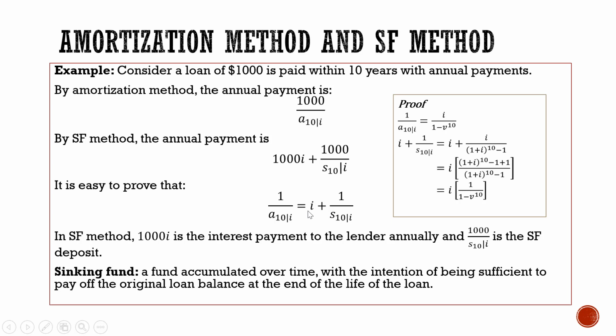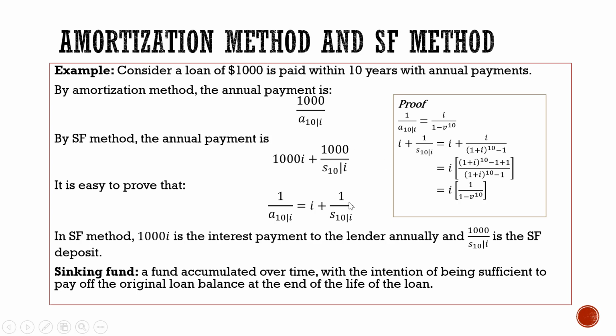So basically, the annual payment using the amortization method and the SF method should be the same if we use the same interest rate. Here 1 over a angle 10 at rate i is i over 1 minus v to the 10, because a angle 10 at rate i is 1 minus v to the 10th over i. So the reciprocal is i over 1 minus v to the 10.